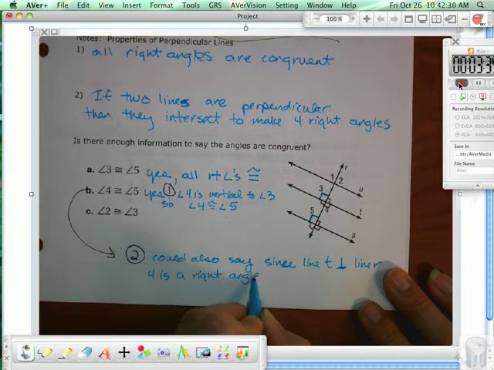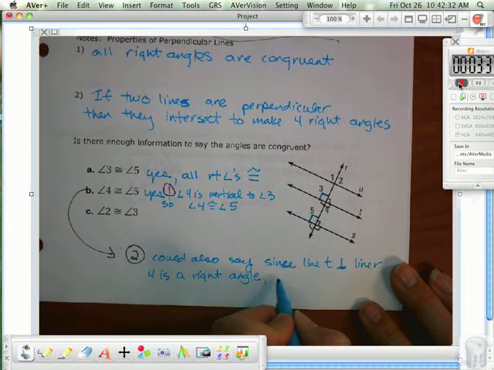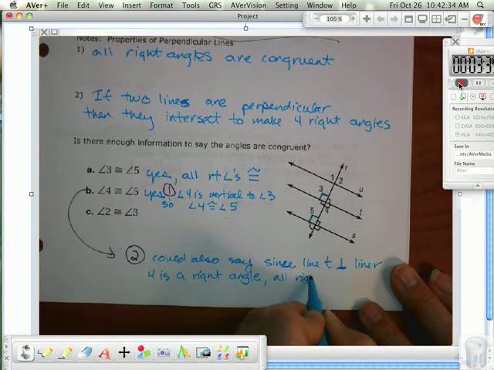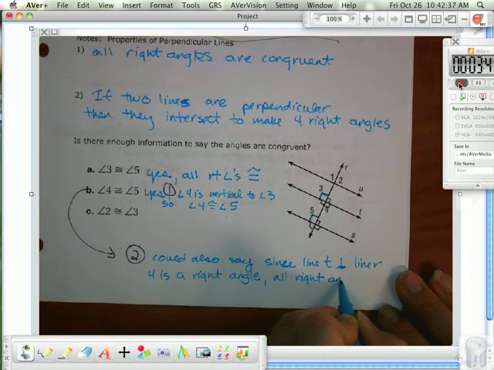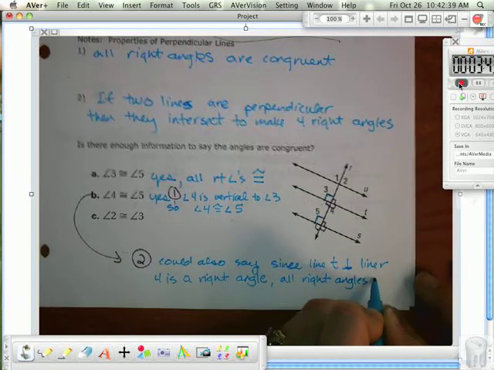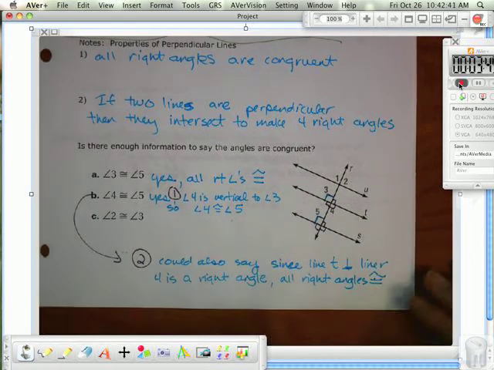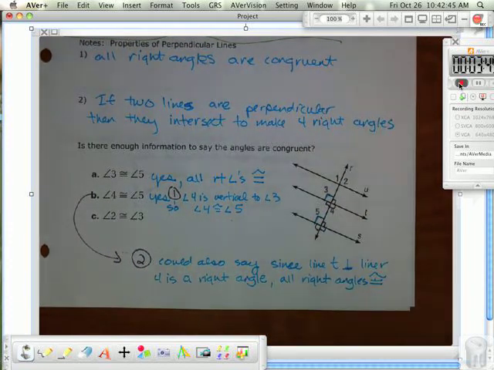All right angles are congruent. You're going to have to get used to explaining. Why do we have to explain? Because that's what writing proofs is all about. We're leading up to it. They're not as hard as you think they are.